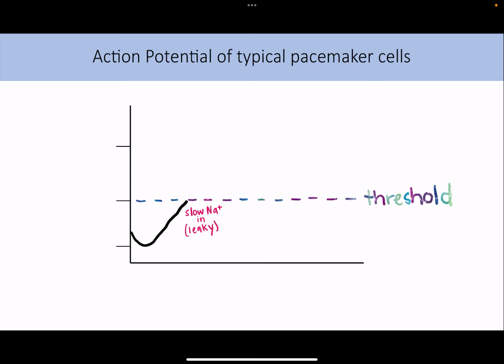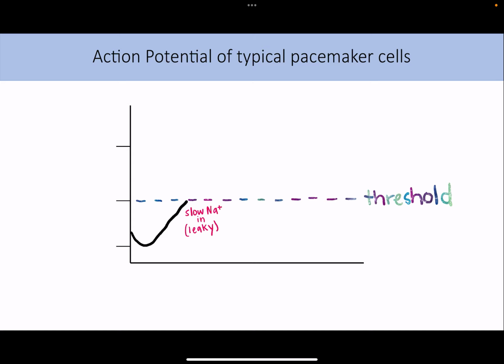So the depolarization that happens before threshold is still like the action potential, where we have sodium leaking in. Okay? But again, this does not require acetylcholine. This is all happening autorhythmically. It's all happening spontaneously. So we have the slow leaking in of sodium until we reach threshold.